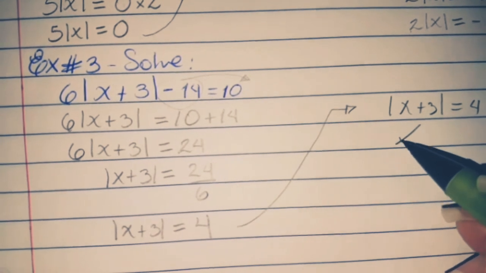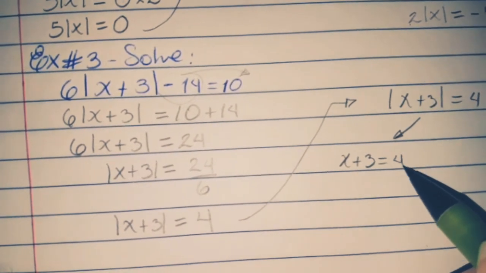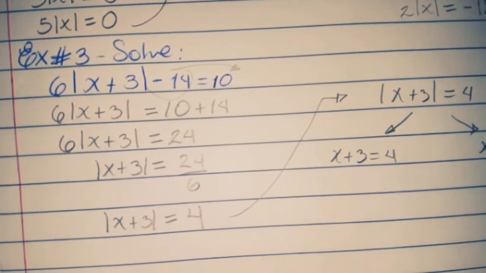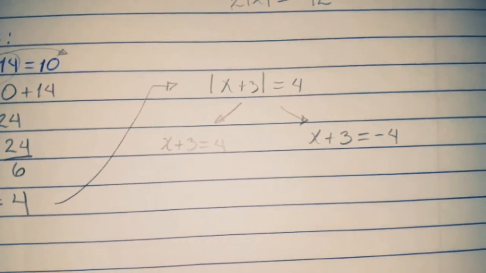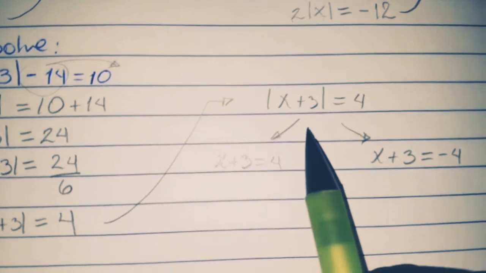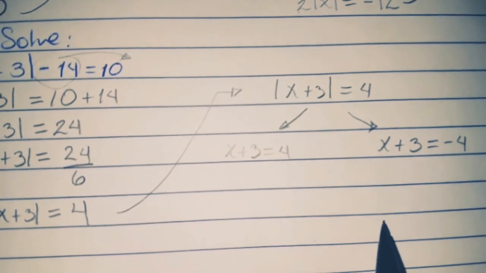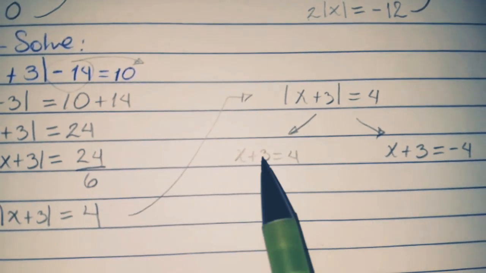So I'm going to split it, just like in the first example. x plus 3 equals positive 4, and x plus 3 equals negative 4. Now you can see it better. I split it with positive 4 and negative 4. That was all. Let's isolate the x on both sides.